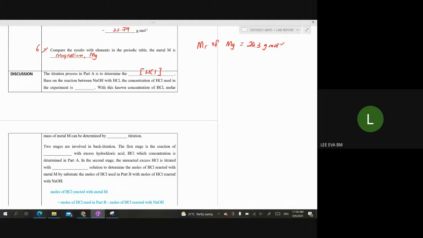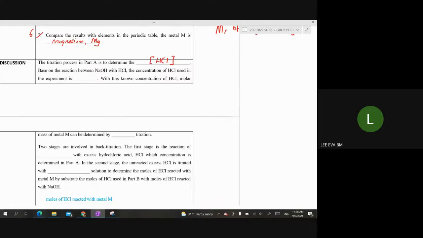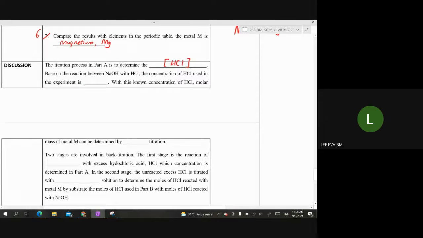Okay, so based on the reactions between NaOH and HCl, concentration of HCl used in the experiment is, siapa ingat lagi? 0.9664 molar. Okay, 0.964 molar. Oh, you're using a unit mole per liter.